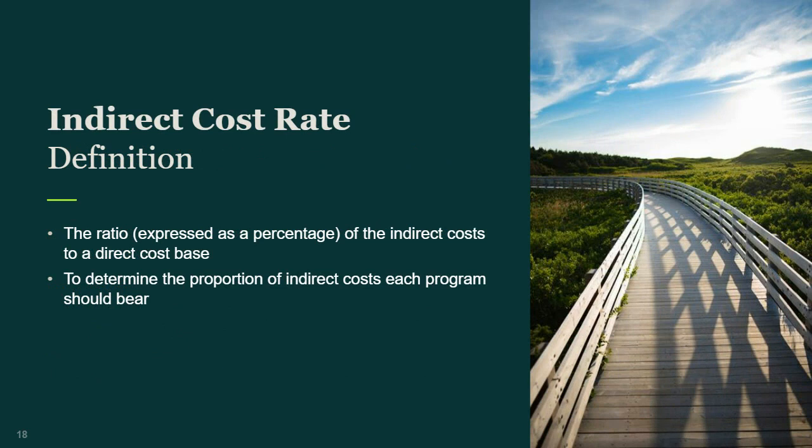The next step is taking all your total indirect pool of costs that you've identified and dividing that by your direct cost base. That will give you your indirect cost rate. A lot of times we get questions because you calculate your rate and it is significantly higher than the 10%, and you think, that can't be right?